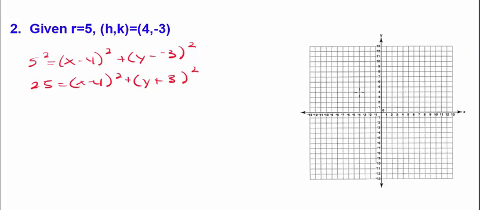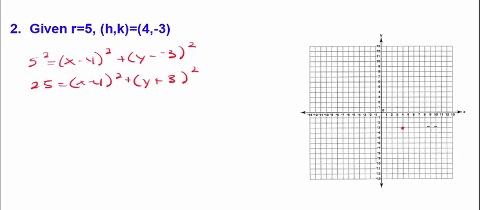We've got a center and we have a radius, so I would highly recommend when graphing these that you first plot the center to the right 4 down 3 units. So that'll be right about here. And then from that center you count up, down, left, and right 5 units.